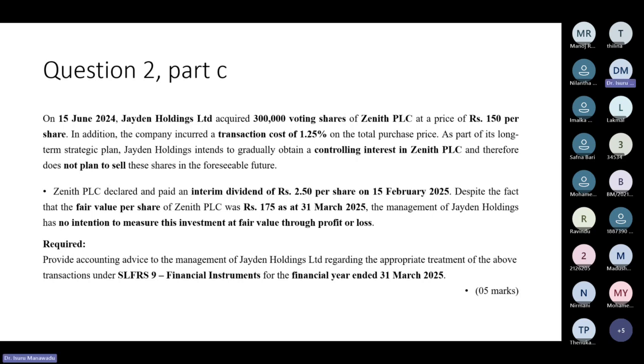But there are conditions to be satisfied. For the amortized cost method, the business model and the contractual cash flow characteristics should both be satisfied. Failing that, we can see the second option.